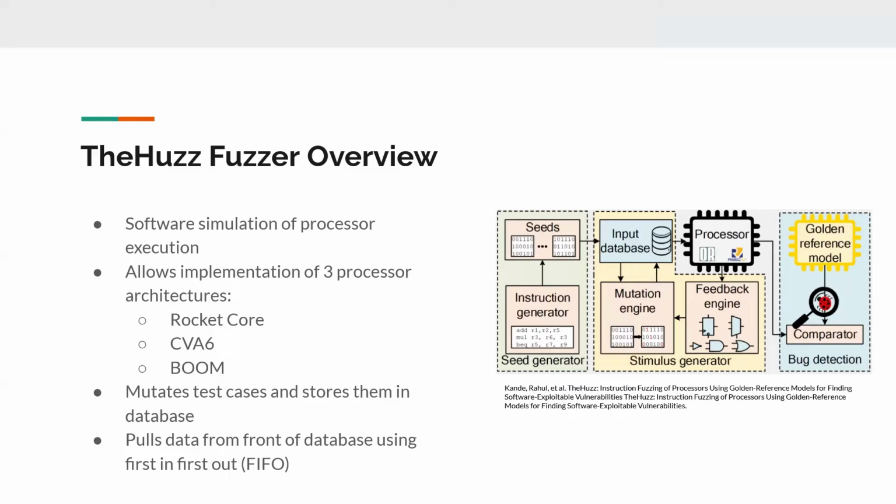And as those input test cases were input to the processor, they were also being mutated so that we could generate new test cases, and those mutations were then pushed to the back of the input database, and whatever was in the front would be pushed into the processor as an input. So we would basically have a first in, first out methodology to that database.